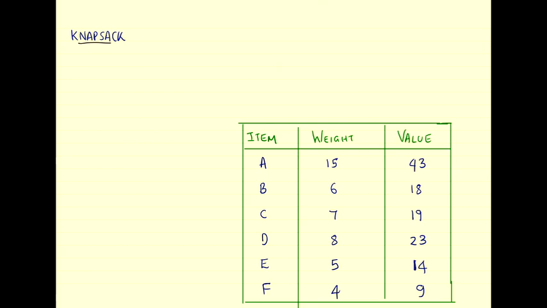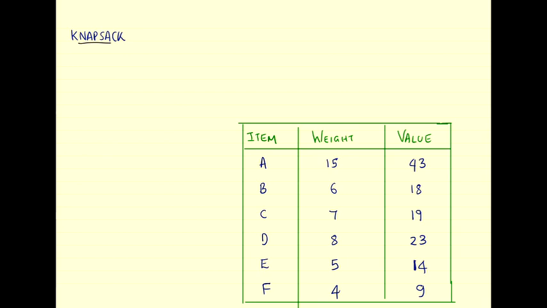The original story is you're robbing a museum or something. You're robbing some place, and you have a knapsack. In the museum there are different items: item A, B, C, D, E, F. Each has a different weight and a different value.